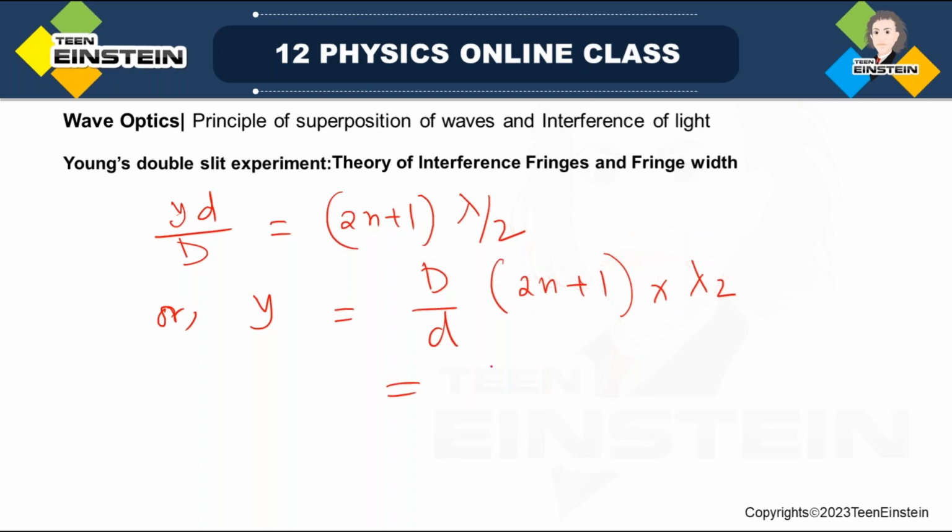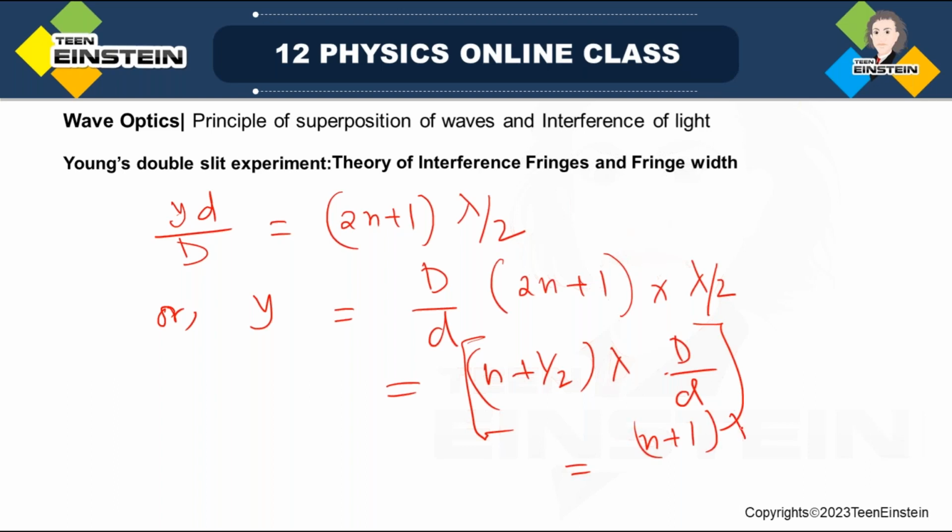So this can be further simplified like this. We can just divide by 2, so we get n plus half into lambda D by small d, generally we write D lambda by d only, n plus half.